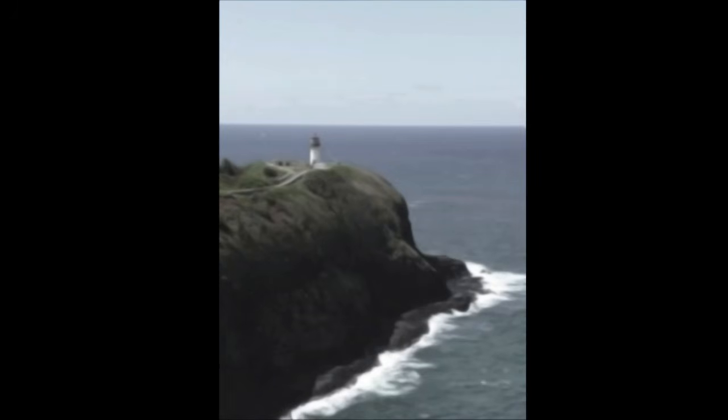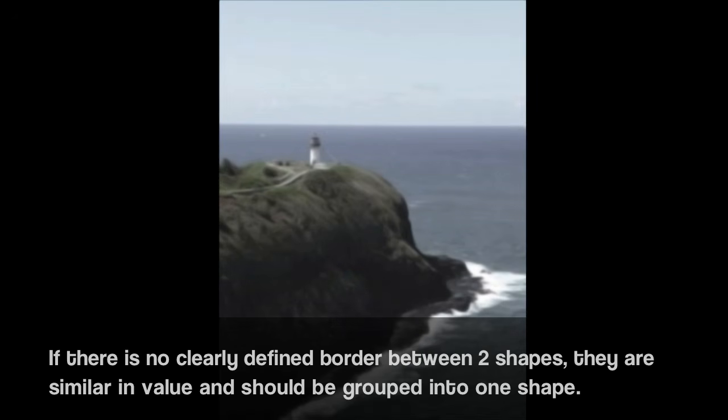Now, in the case where the border or the edge isn't as obvious, it may be a fuzzy border or a soft edge. For example, here on the top plane of the rock, where the top plane meets the side plane in shadow, there is a border there, but it's very soft, it's very fuzzy. What that tells me is that these two shapes are very close in value.